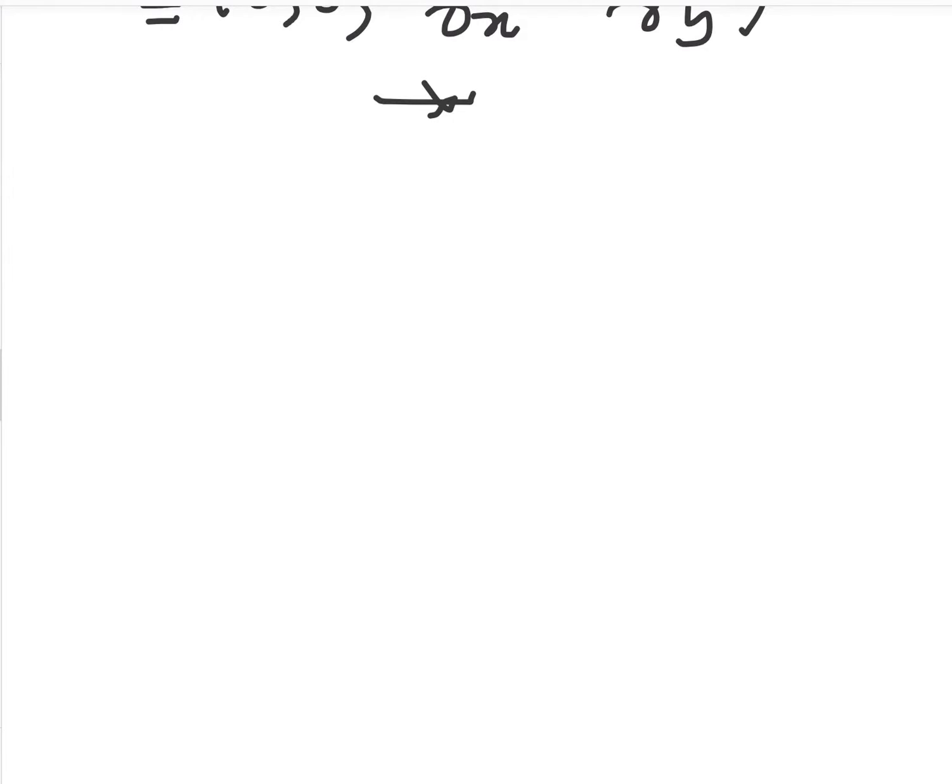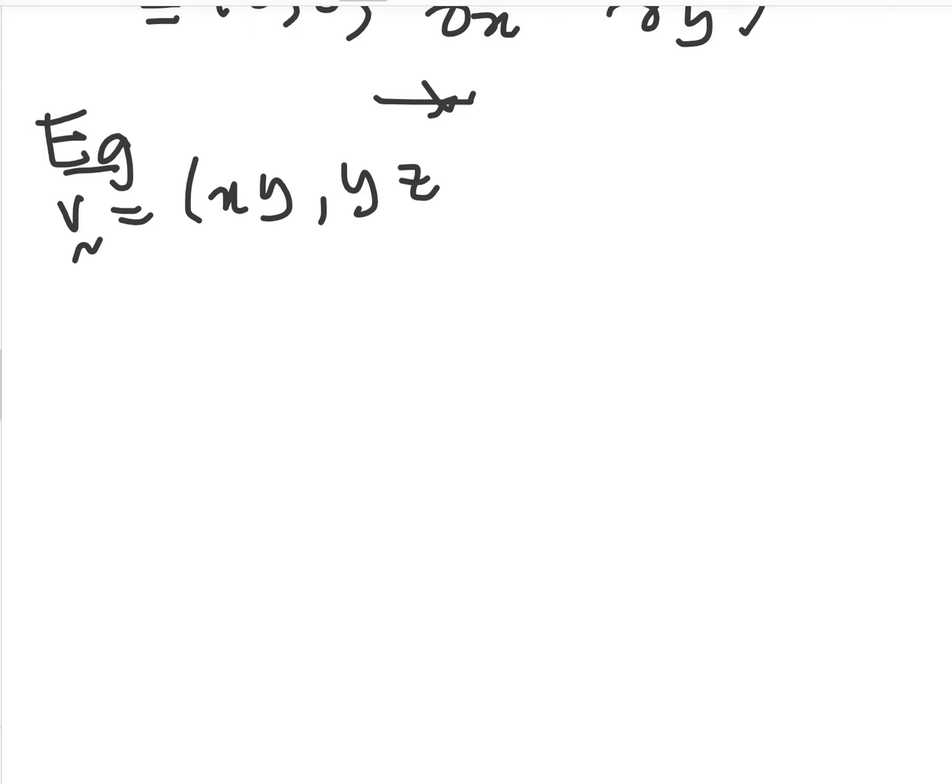So let's do 1 or 2 examples before I get to the final operator. Example: suppose the vector field V is a vector field containing 3 components given by xy, yz, zx.